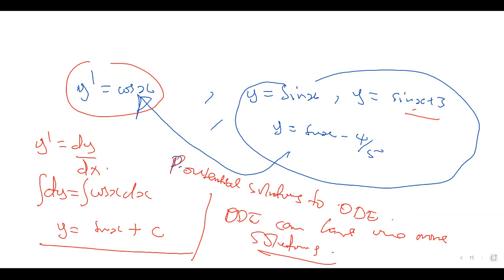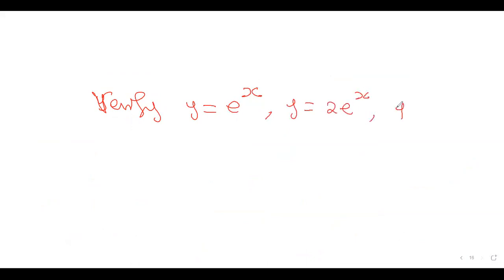You could verify that y equal to e power x, y equal to 2e power x, and y equal to negative 8 over 3 e to the power x are solutions to y dash equal to y.